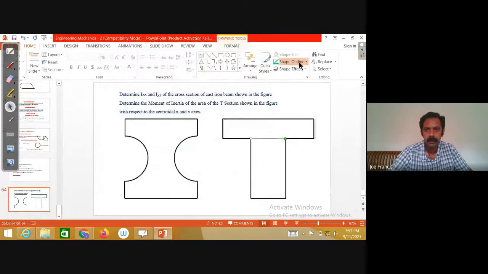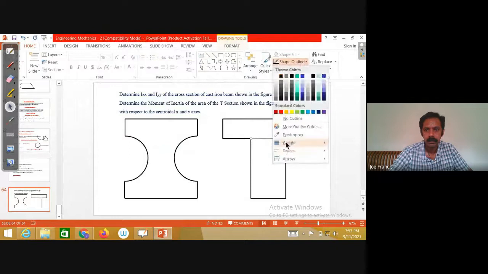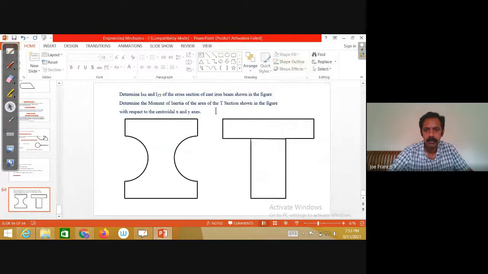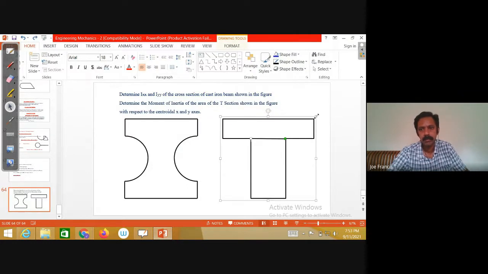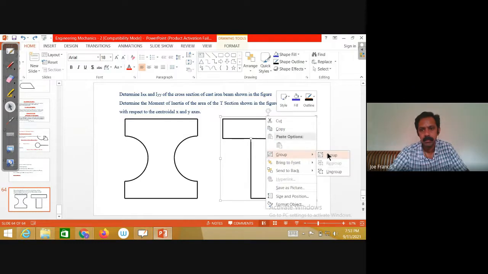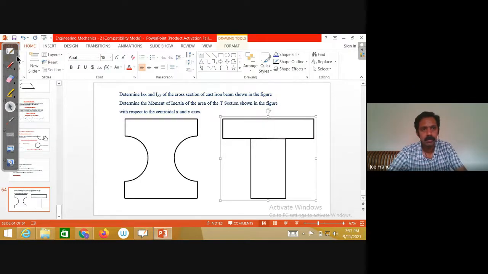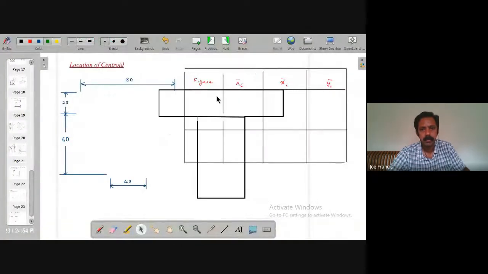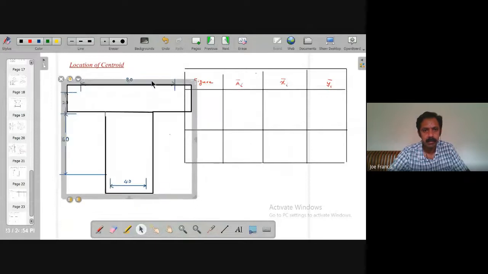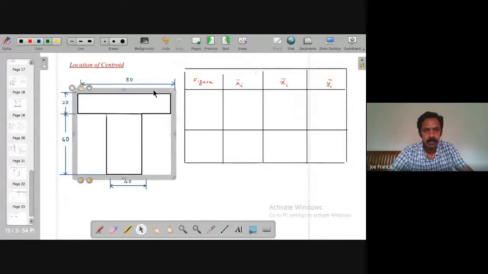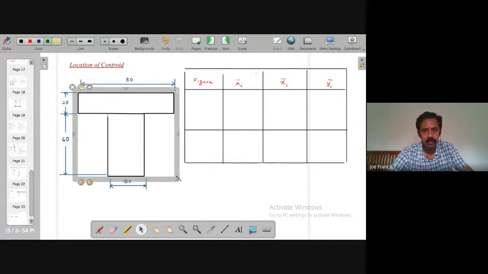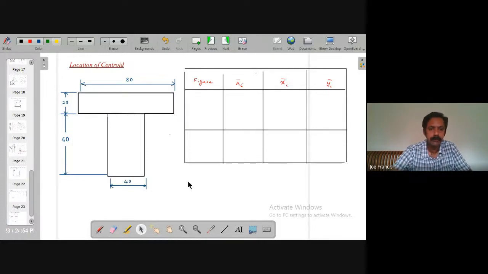Okay, so I've divided it. I just tried to divide it into two rectangles.